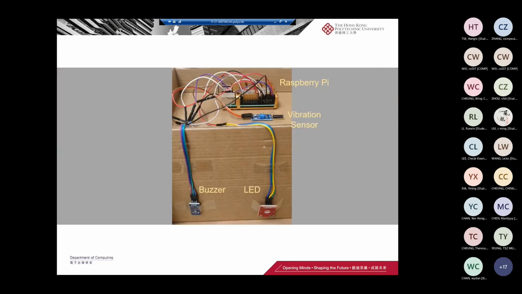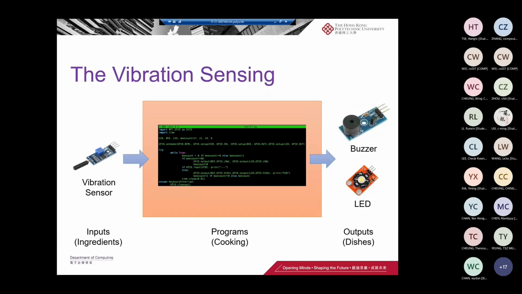Going back to that framework, you can see the input here is vibration, and the output is a buzzer and the LED. So here is the program, and as mentioned, you can change the inputs and the outputs as you wish in the future.